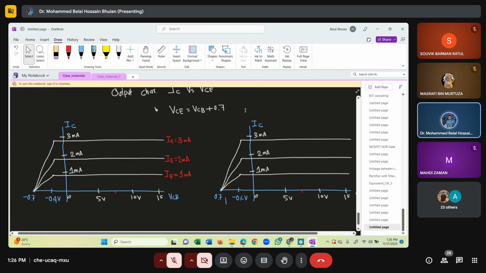So all I'm going to do is copy that bit and shift it here. Minus 0.7 will become 0.